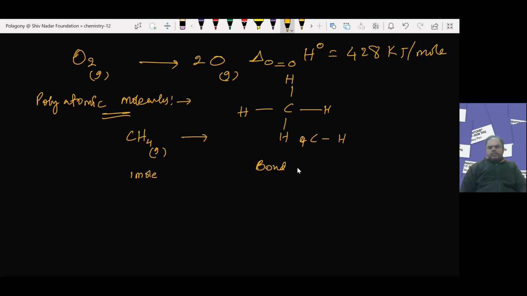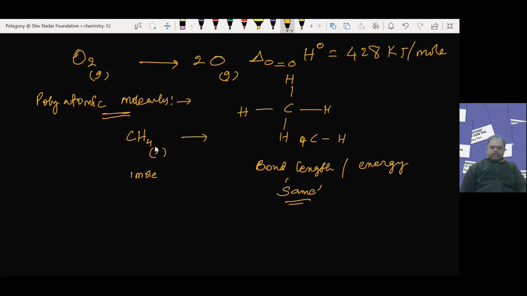The 4 CH bonds have the same bond length and the same energy. If you observe polyatomic molecules containing identical bonds around the carbon, the CH bonds, their bond lengths are the same and their bond energy is also the same, but the bond dissociation energy from one bond to another will differ.